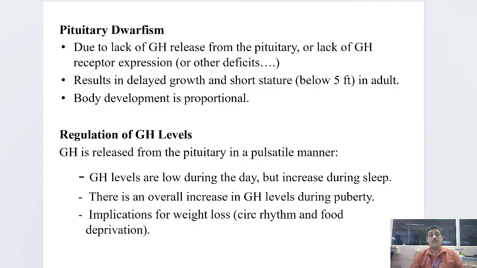It also applies to animals: short stature, and the body development is proportional. That means the entire organism will be seen as short in stature. It is not that one part of the organ is bigger and another part is smaller. All the organs are smaller, so that the person will look short in stature.